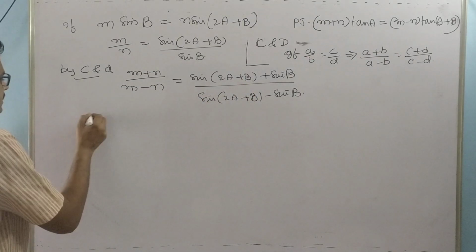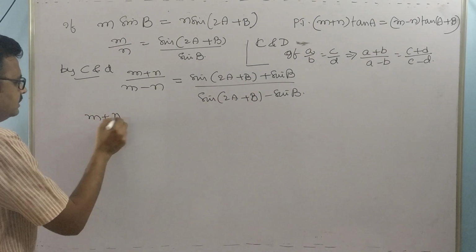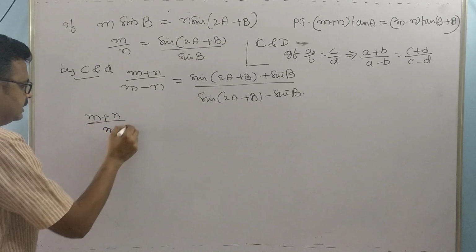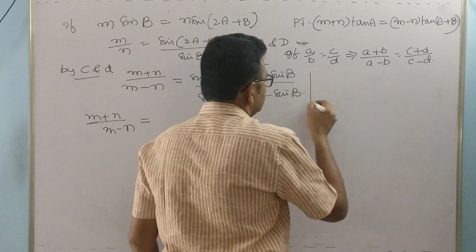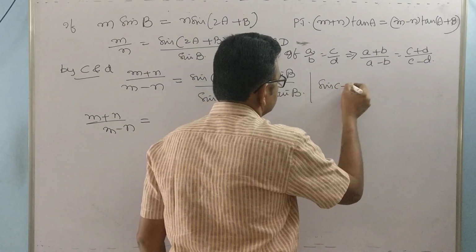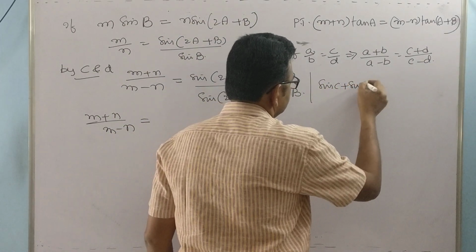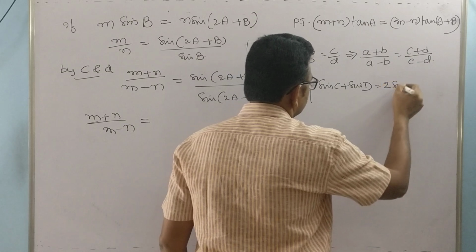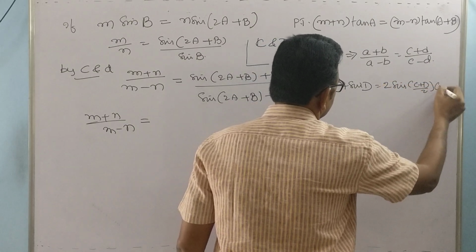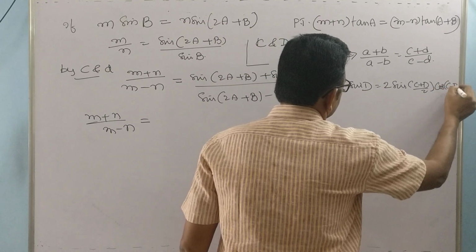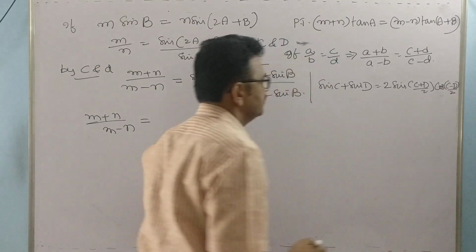So (m plus n) by (m minus n) is equal to, again I write the formula here: sin c plus sin d is equal to 2 sin of (c plus d) by 2 into cos of (c minus d) by 2.